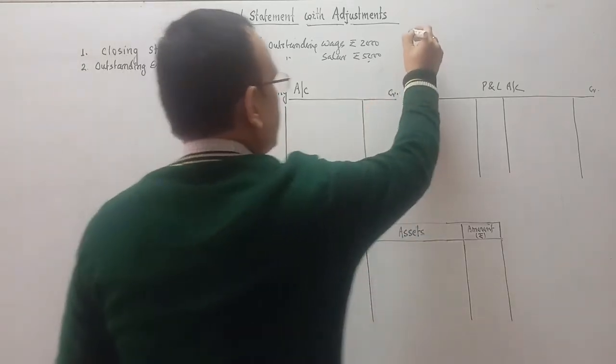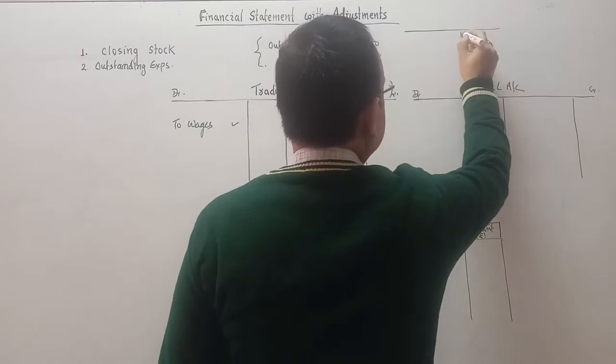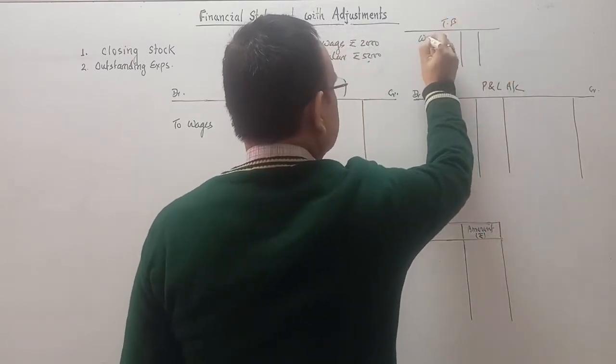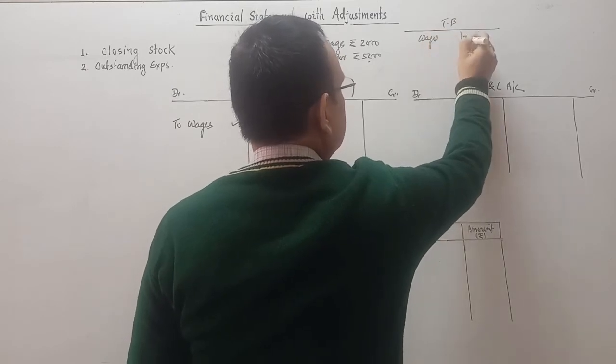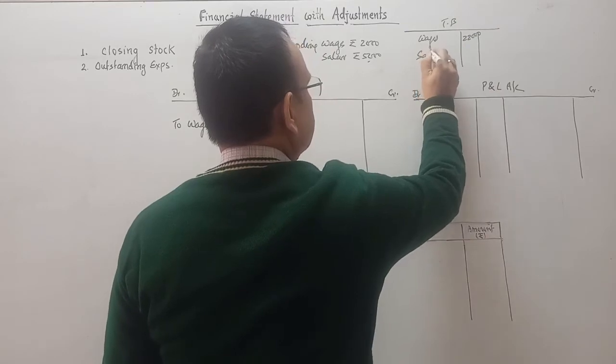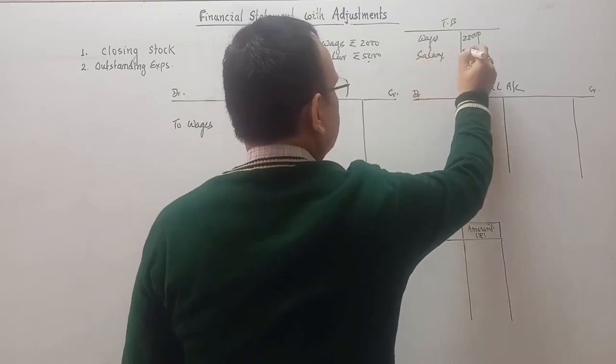Suppose in the trial balance wages is 22,000 and salary is 55,000.